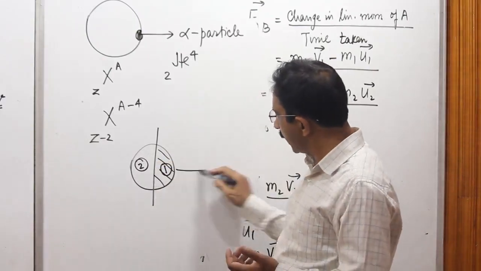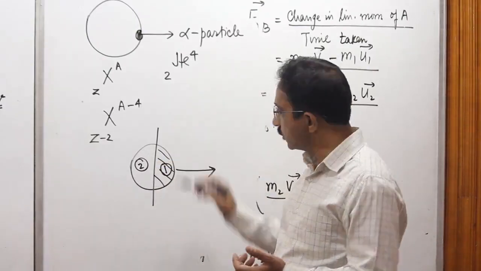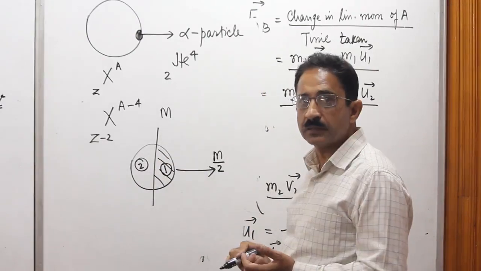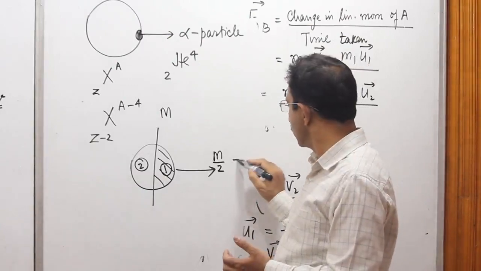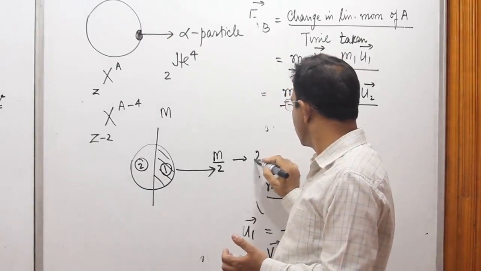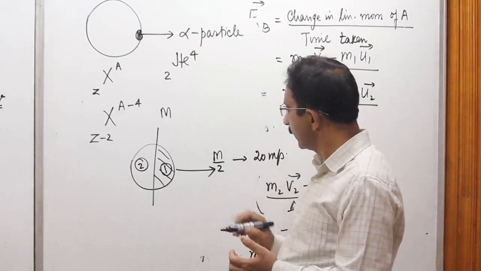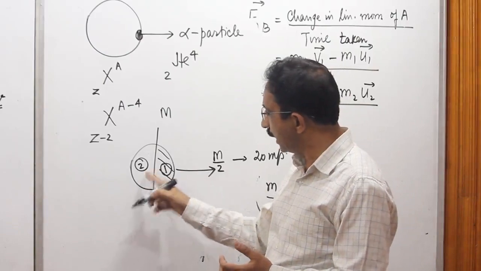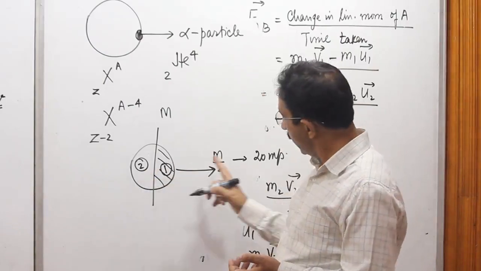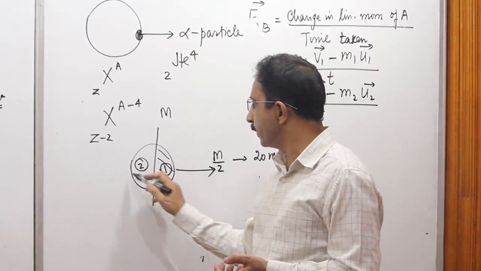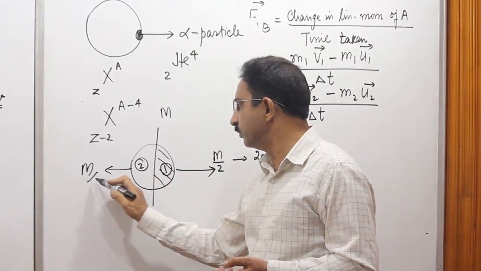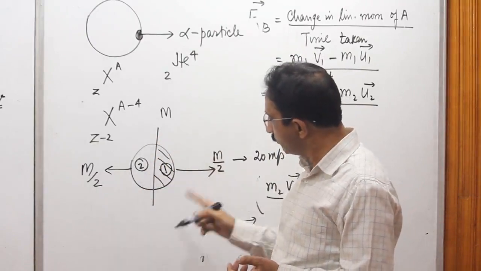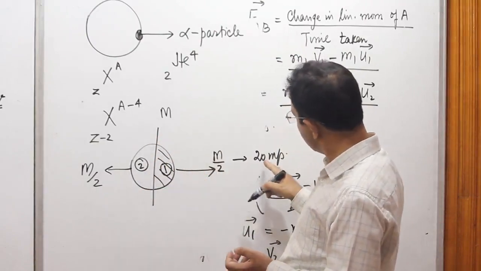If I tell you कि fragment number 1 moves forward, इस बम का मास था capital M, और इस fragment number 1 ने m/2 का मास लिया और आगे की तरफ बढ़ा with a velocity, जो इसकी velocity थी, that velocity was 20 meters per second. You can apply your mind here: what should be the motion of this mass 2? Very simple, because m/2 this has taken, obviously the fragment 2 will also take away m/2, and I can say that this m/2 fragment will have to move in a direction which is opposite to this.